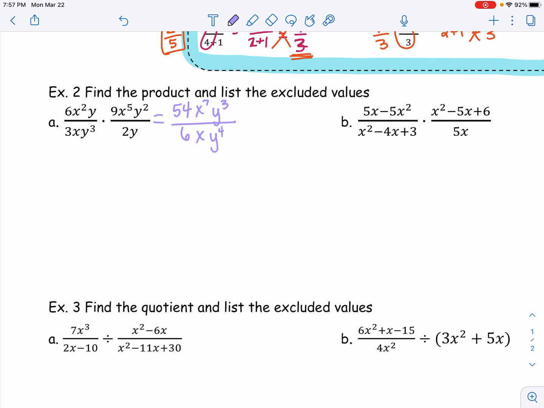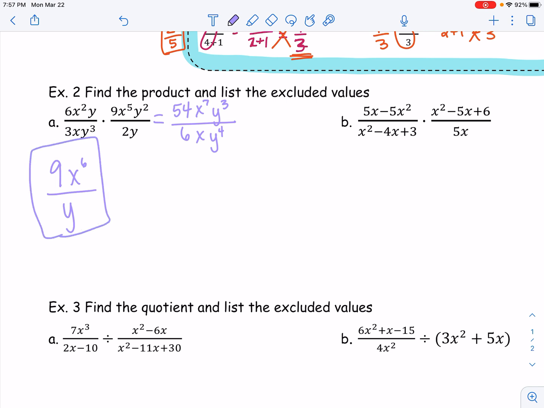And so now we simplify. I can simplify my constants, my x's, and my y's. So numbers, 54 divided by 6 is 9. X to the 7th divided by x is x to the 6th. And then y cubed divided by y to the 4th would be y to the -1, which means it goes to the bottom. Final answer, okay?